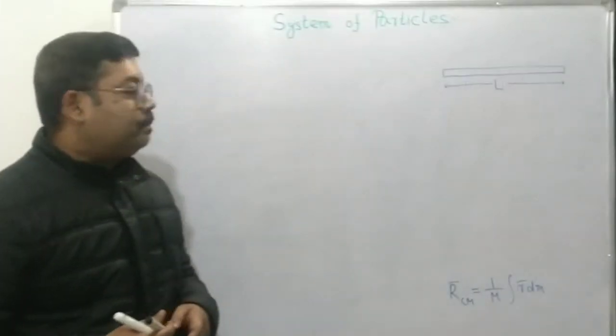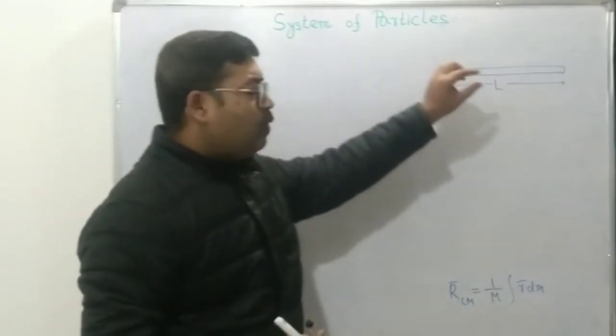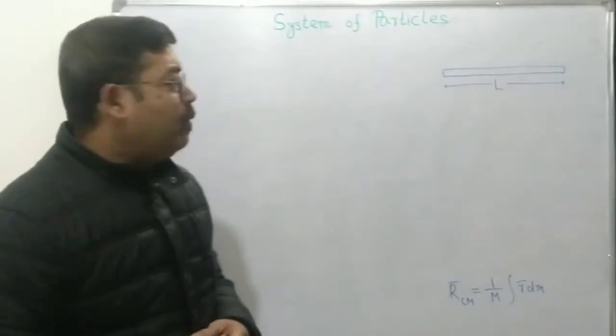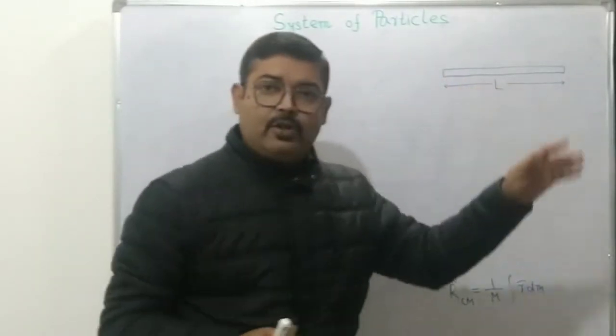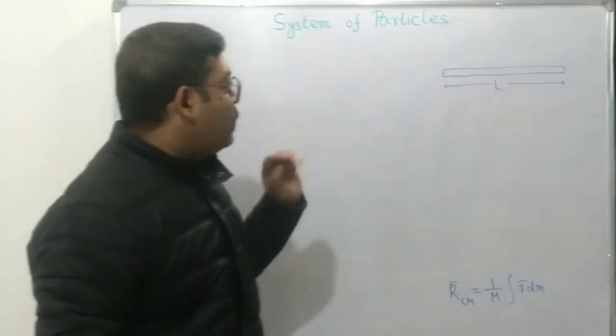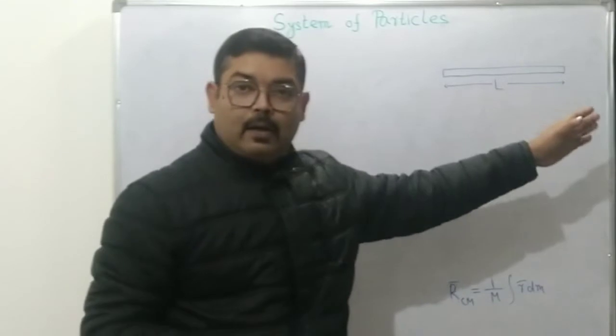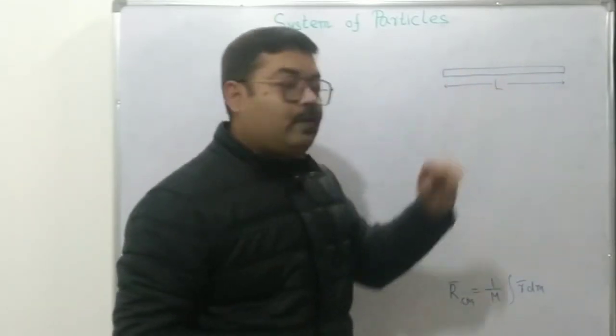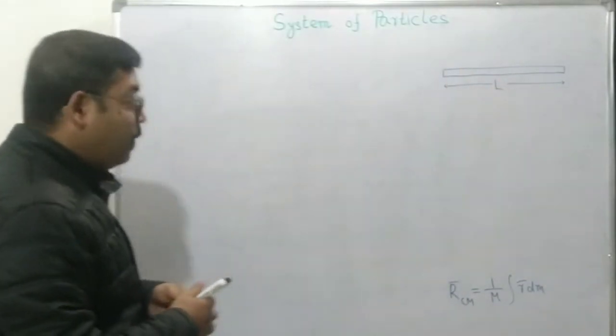So we will see a couple of examples of that now. Let us say we have been given a uniform rod of length L. What we mean by uniform is that the mass distribution is uniform over the entire length of the rod. So what we want to find is the position of the center of mass of this uniform rod.